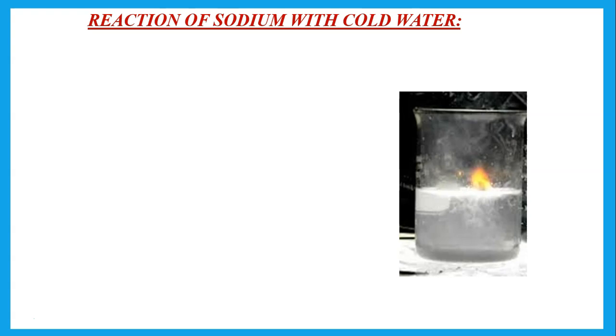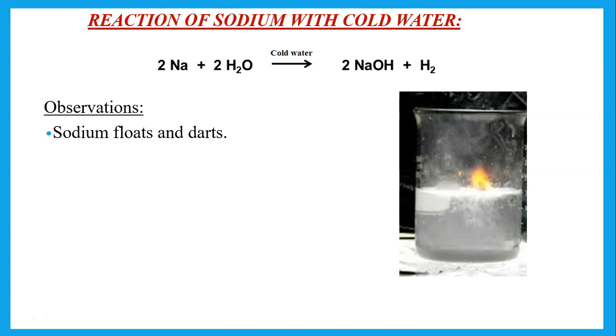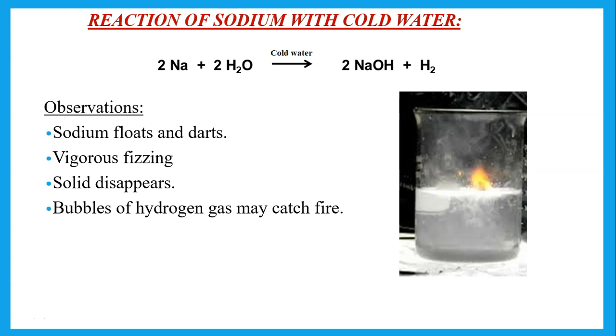Sodium is a little bit less reactive. So when we put sodium in water, again, sodium will float, dart, melt, or disappear. Now we also have vigorous fizzing. If you're going to compare the sodium to the potassium, then the potassium is more vigorous, very vigorous, or we could say violent. Remember, violent is more than vigorous. And the solid sodium disappears because it is used up.